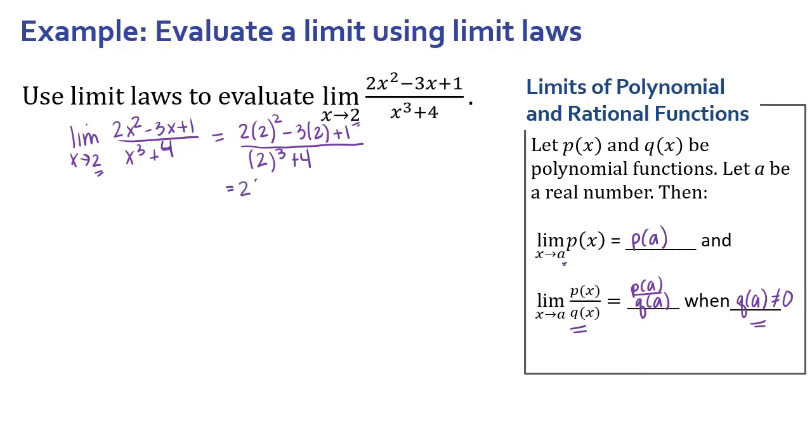So then if I simplify this, that gives me 2 times 4. I'm going to do our exponents first, follow those order of operations. All right, so that's going to give us 8 minus 6 plus 1 in the numerator over 12 in that denominator. So that we get 3 over 12, which reduces to 1/4.